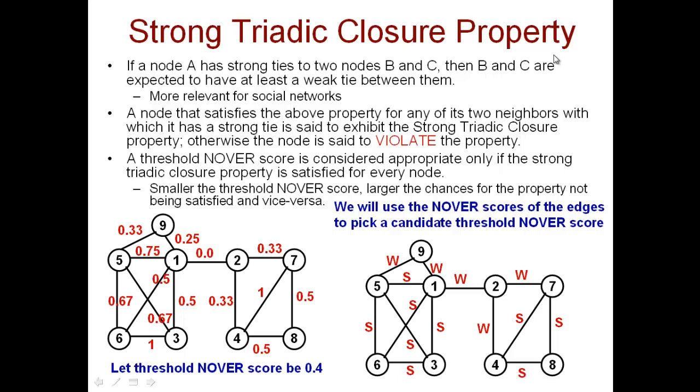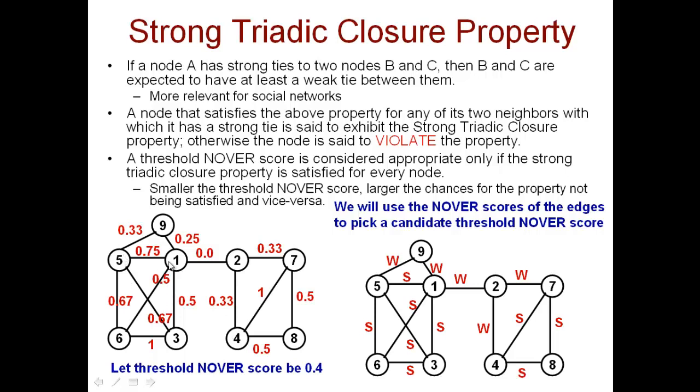So, for example, in this graph, these are the NO scores of the edges, and let us say the threshold NO score is 0.4. Then all edges whose NO score is less than or equal to 0.4 will be called a weak tie. For example, 5,9 has a NO score of 0.33, so this is called a weak tie based on this threshold of 0.4.